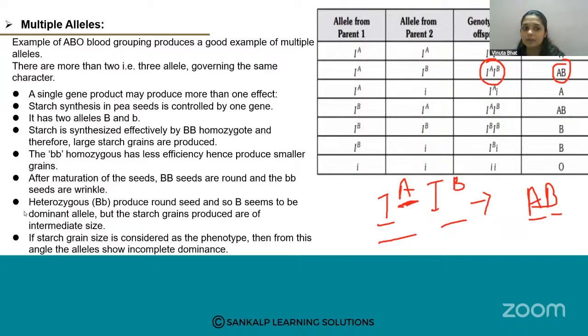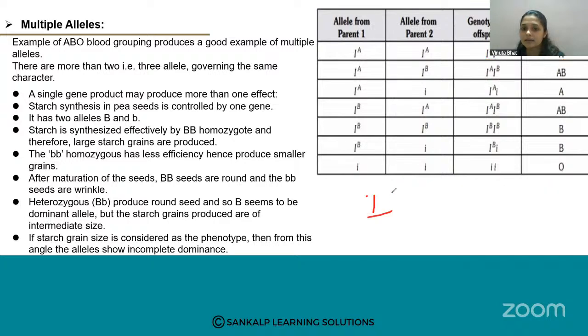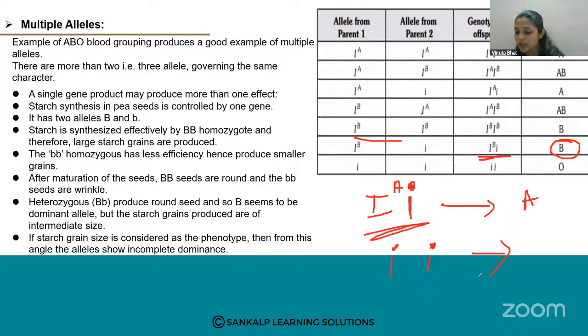ಈಗ IA ಸ್ಮಾಲ್ i ಇದೆ ಅಂತ ಅನ್ಕೊಳ್ಳಿ, IA ಸ್ಮಾಲ್ i, then this capital A is dominant over this small i, so the blood group is A. Okay, so ಈಗ IB ಇದ್ರೆ ಏನಾಗುತ್ತೆ, IB small i ಇದ್ರೆ the blood group is B. If small i is present, there is no sugar polymers present around the RBC, so the blood group name is O blood group.